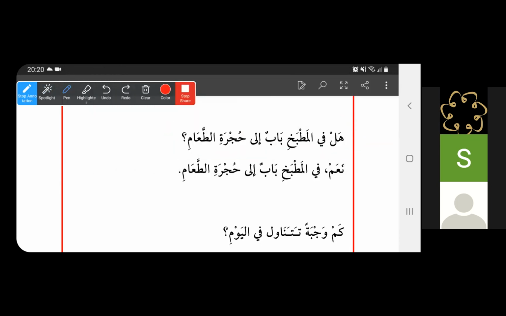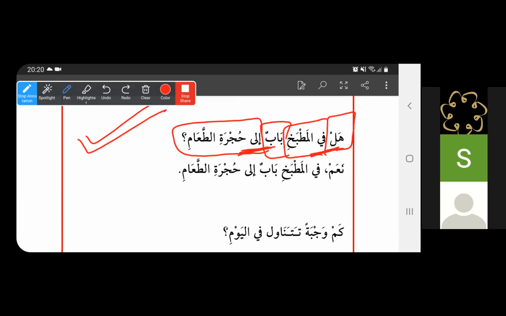أحسنتي. Mashallah Sidra, your vocabulary is going very nice. I want to say only one thing, you need to focus on your prepositions. It will help you in connecting now. See, هل, as you said, is the question. هل في المطبخ is in the kitchen. باب is the door. إلى حجرة الطعام, to the dining room.